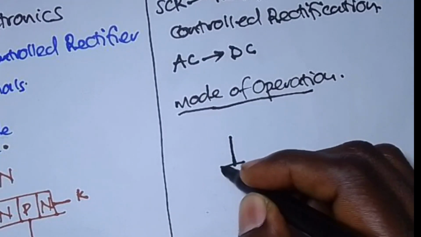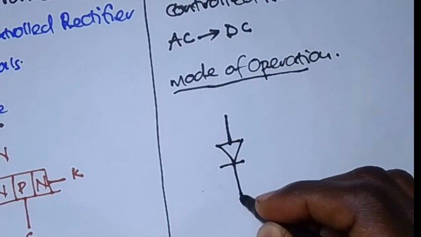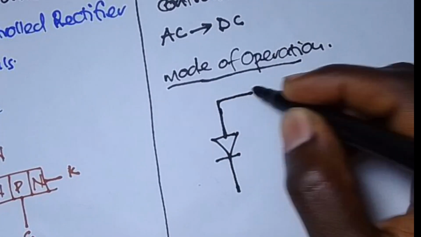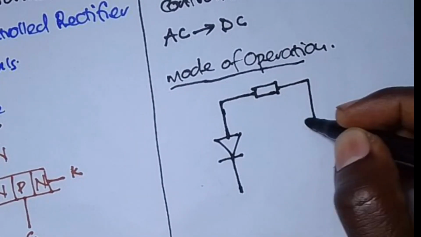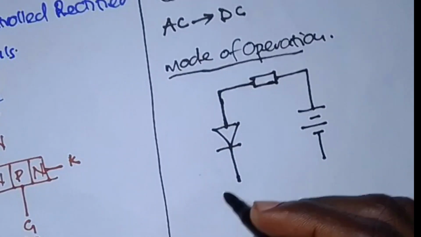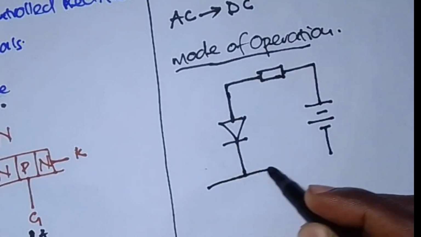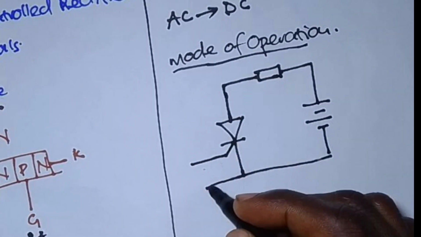For example, if I have my SCR like this, connected to a certain load, and this is the voltage that we want to control that is going to appear across the load. And here we shall have what we call the gate.